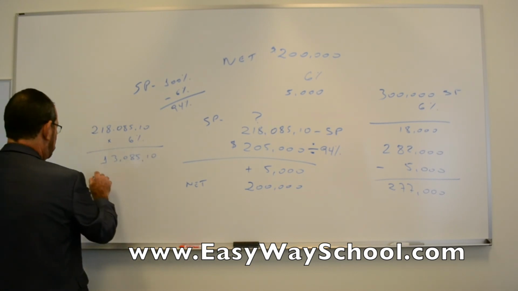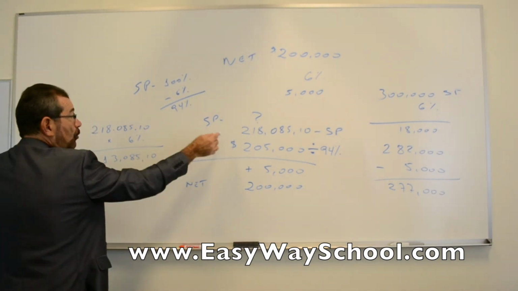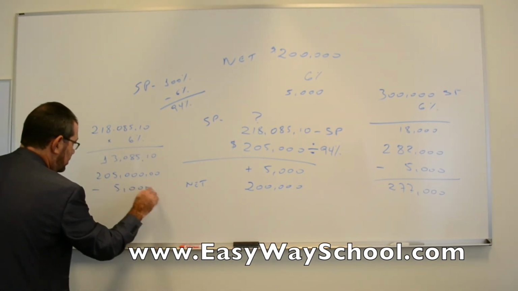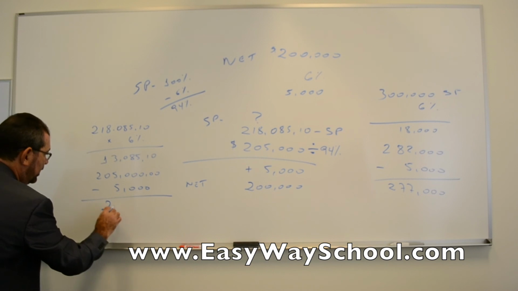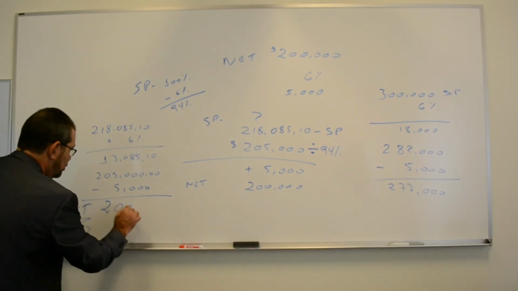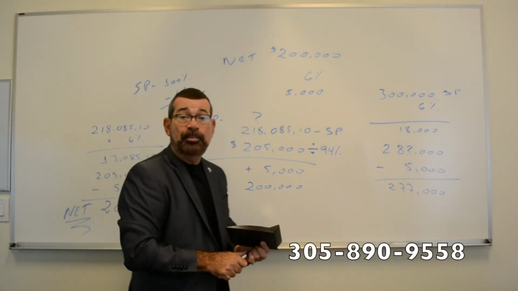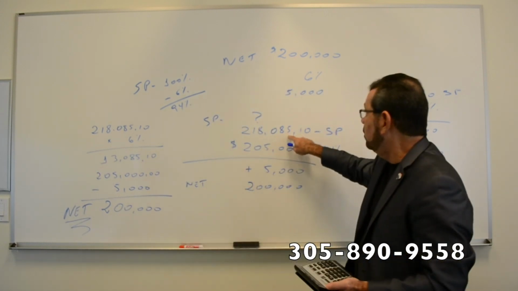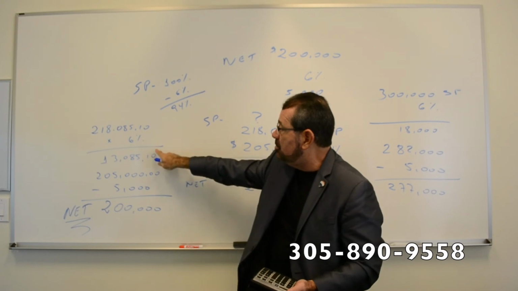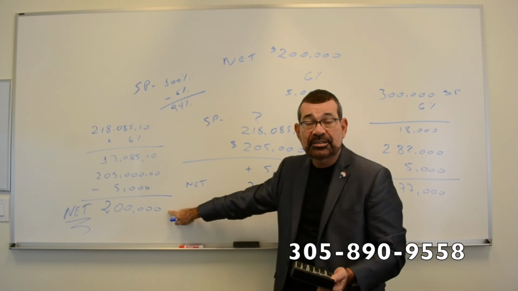It's going to give me 205,000. Now we subtract the closing cost, which is $5,000, and we get to a net of $200,000. By doing this, you make sure that this number is correct. You come from sales price minus 6% minus closing cost, which gives you the $200,000.